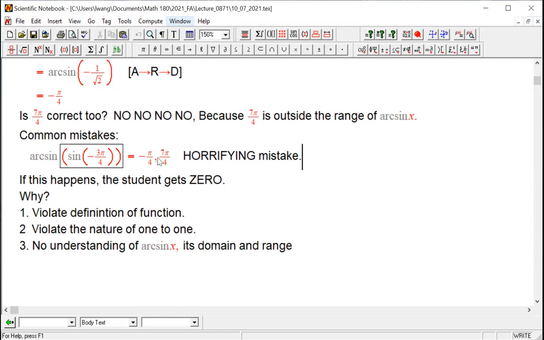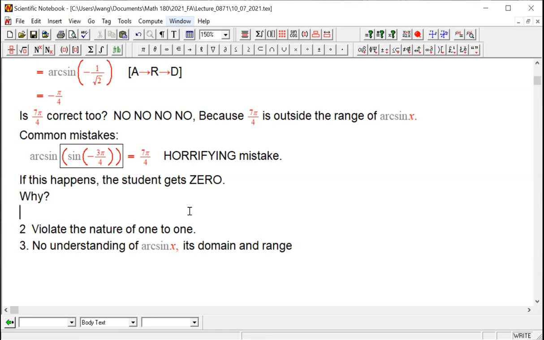If you give one answer, that would be better. Even if you give 7 pi over 4, at least in that case it doesn't violate the function definition. At most, you don't know the domain and range. But giving two answers is the worst.